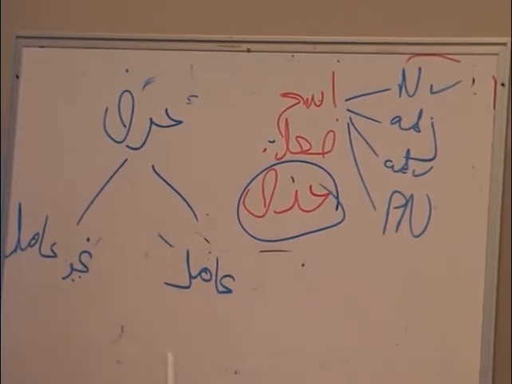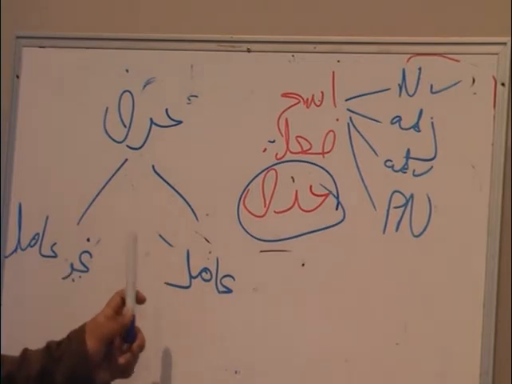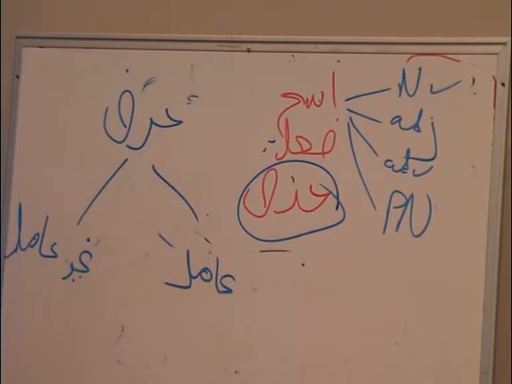Amil means agent, and ghayru amil means non-agent. What we'll then discuss in the next lesson, inshallah, is that these are called governing agents. And what that basically means is that they alter the word that goes after it.